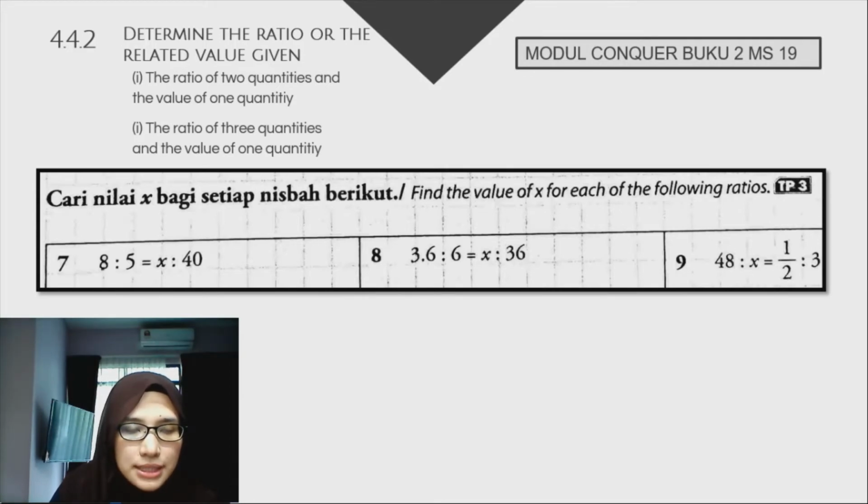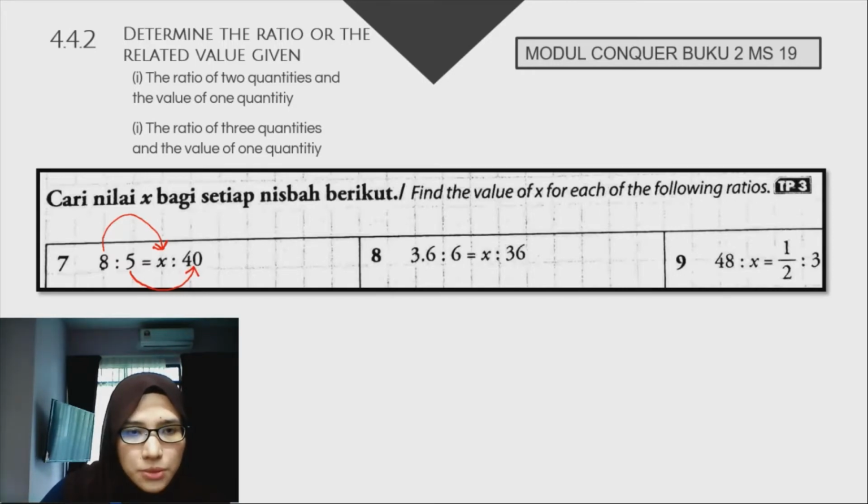Here we have a ratio given, 8 to 5 is equal to x to 40. This kind of question we have multiple methods that you can use. I will show you one by one. The first method that you can use is by using arrows or unitary method. What I mean by unitary method is, from 8 here, it is going to x. From 5 here, it is the relative value. 5 is 40.